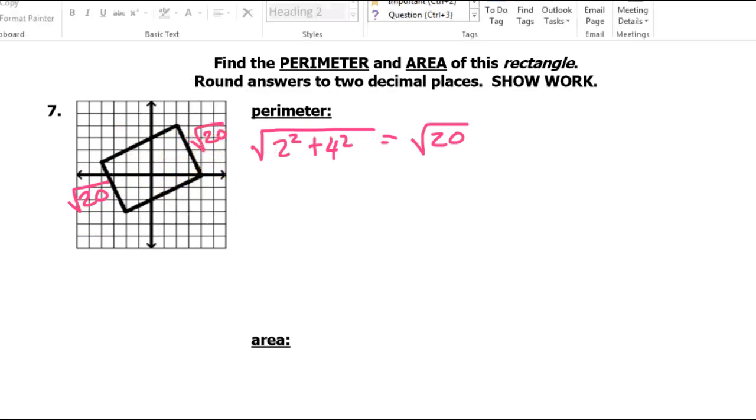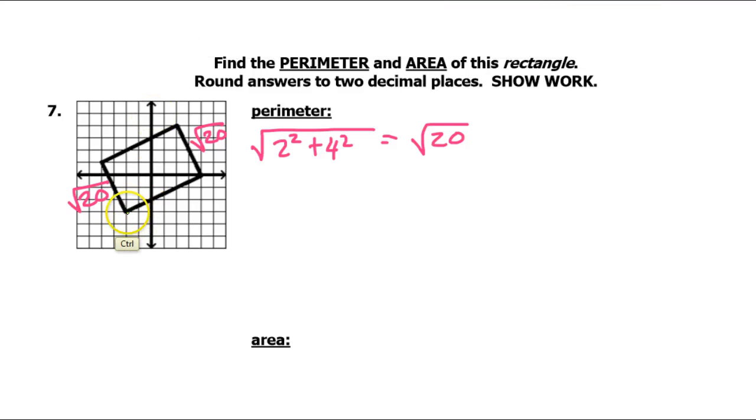So now let's do the other side. For example, this side, I have the horizontal and I have the vertical. So horizontally, this is 6 and 3. So that tells me that's going to be the square root of 6 squared plus 3 squared.